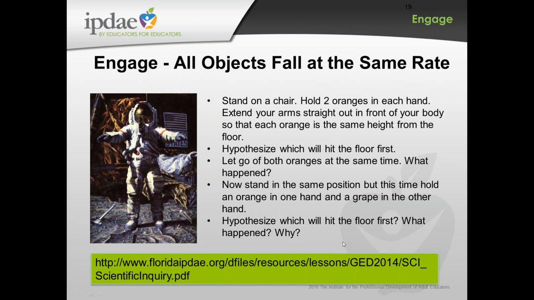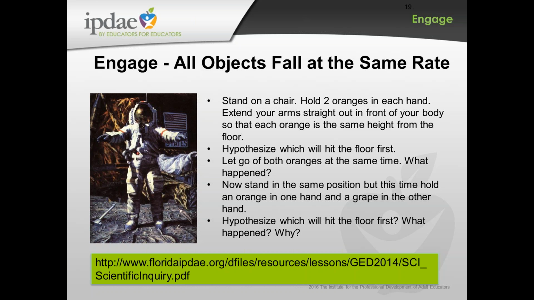How did this change? How is this possible? Now we've engaged them in that whole process with science and beginning to look at Newton's laws of motion and beginning to see, oh, there's something else at play here. So how do I work with that?